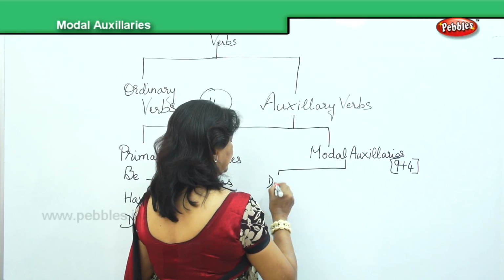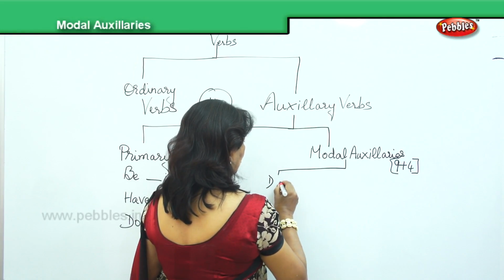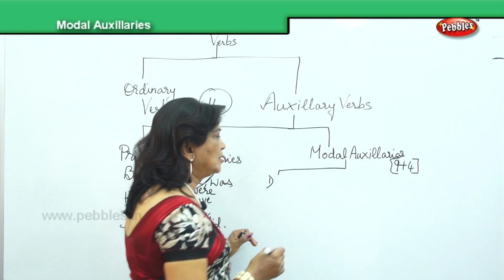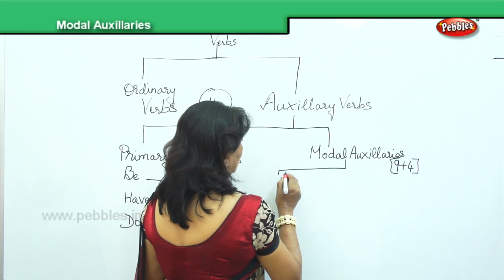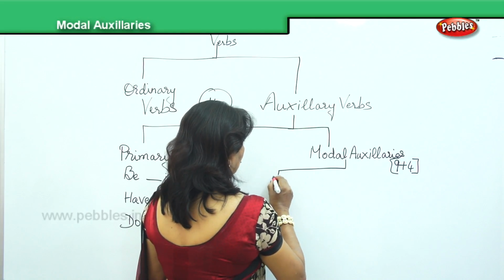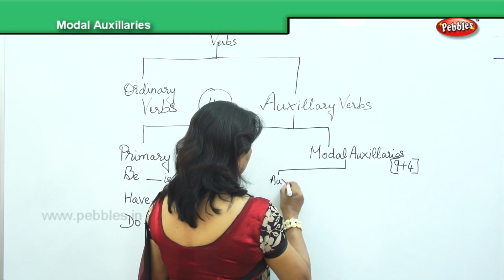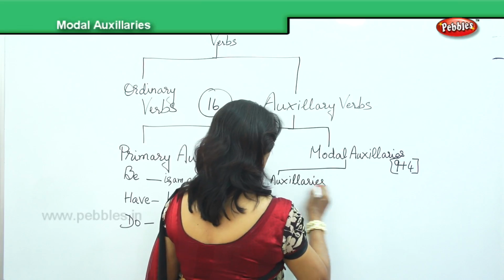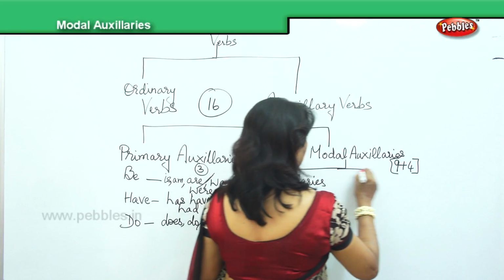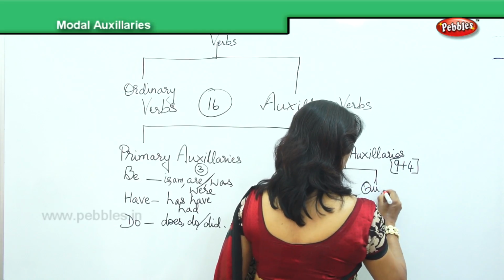First one, the modals, we will just see. Under modal auxiliaries, there are two types. They are the regular auxiliaries and the quasi-modals.